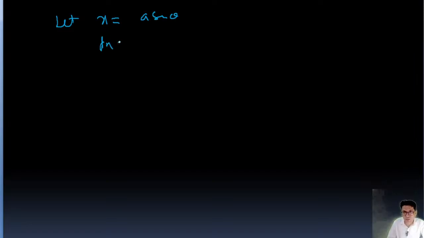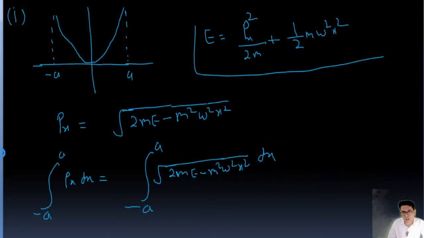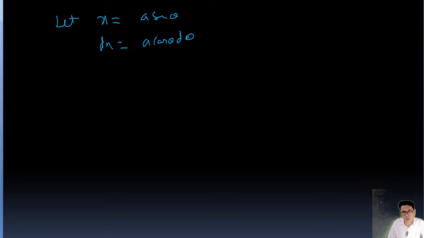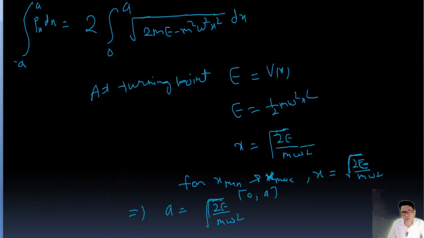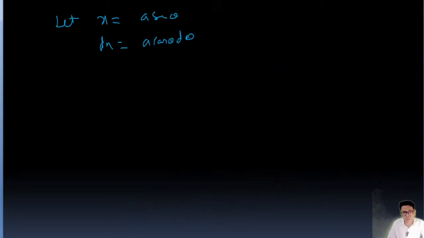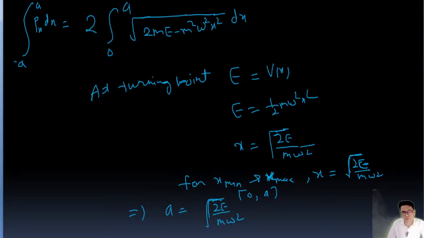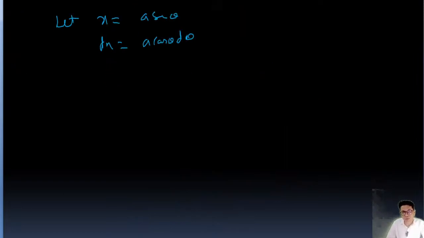It means dx is going to be a cos theta d theta, right? And the limit also will change, right?